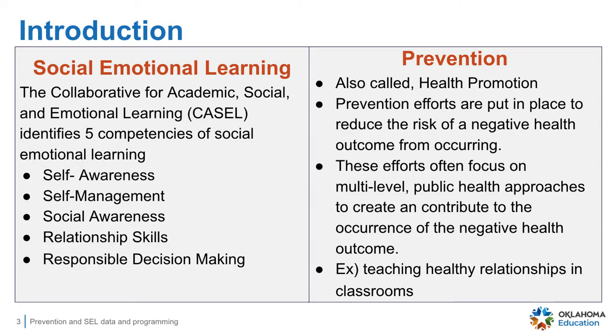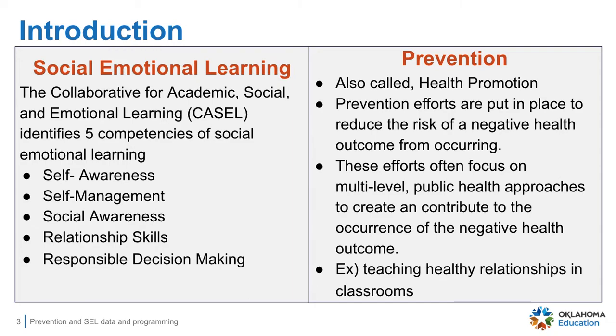Prevention, or health promotion, is often used in schools to target specific outcomes. Programming efforts focus on reducing the risk of negative outcomes. Examples include healthy relationships, substance use, sexual health, and others. Programs and curricula may target specific outcomes, but research shows that the key principles are all the same.